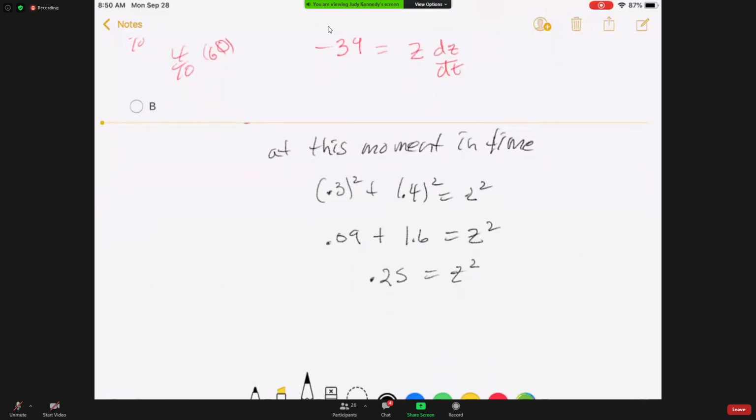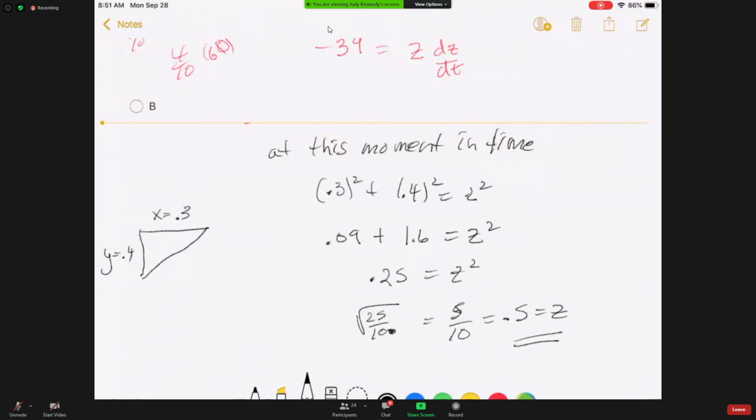Fortunately, these numbers work out nicely because the problem was rigged so that you come out with nice numbers. In real life, that rarely happens. Okay, the square root of 0.25 is 0.5. So at this moment in time, x is 0.3, y is 0.4, and z is 0.5.